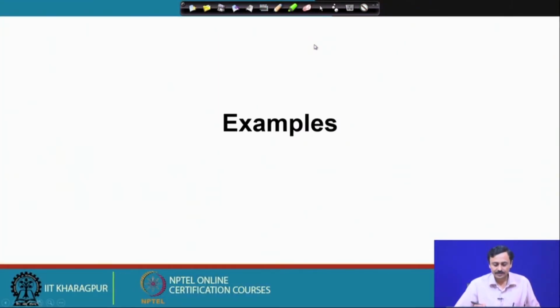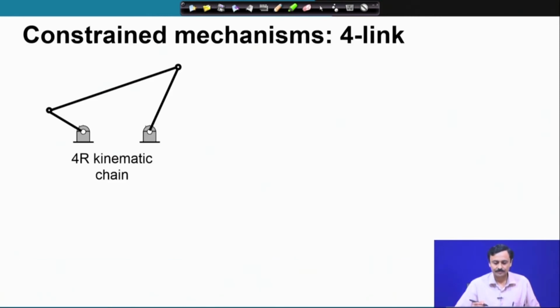Let us look at some examples of constrained mechanisms. So, this is a 4 link constraint mechanism. We have seen this. So, ground is 1, this is 2, this is 3, this is 4. So, we call it a 4-link mechanism or sometimes a 4-bar mechanism.